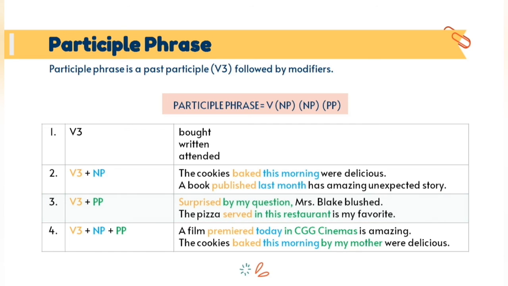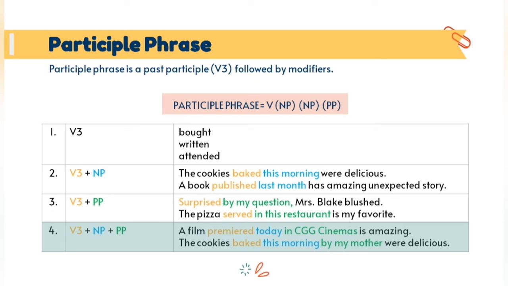And the last, verb 3 followed by noun phrase and prepositional phrase. A film premiered today in CGG Cinemas is amazing. Premiered is a past participle. Today is the noun phrase and in CGG Cinemas is prepositional phrase.